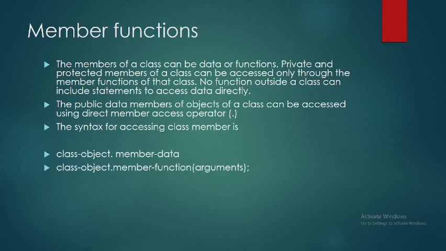Now, there are some characteristics that member functions should follow. Number one is the type and number of arguments in each member function should be the same as the type and number of data declared in the class definition.